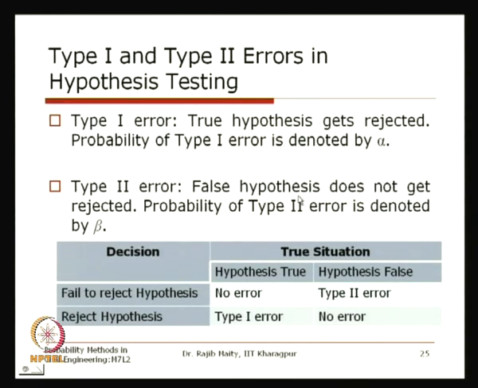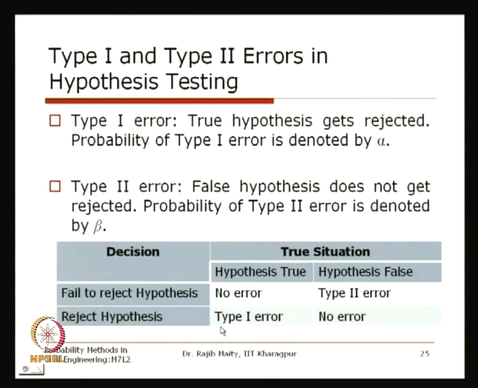Similarly, when the hypothesis is false but we fail to reject it, we commit another error, known as type 2 error, and the probability of type 2 error is denoted by beta.